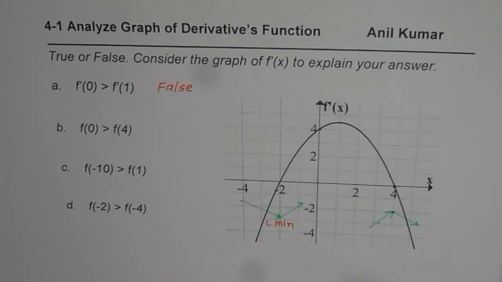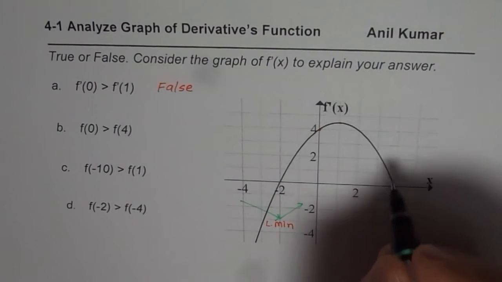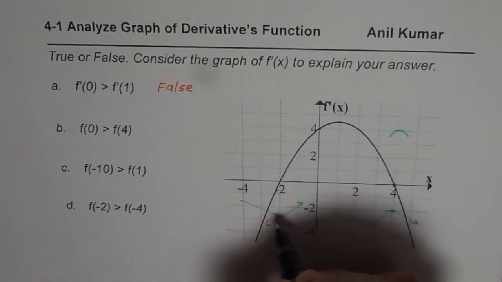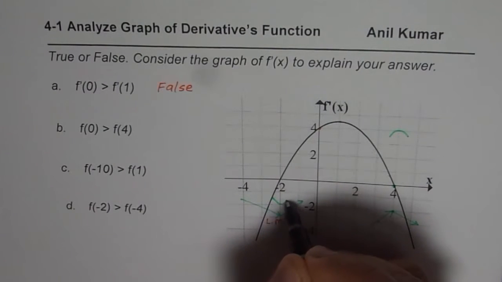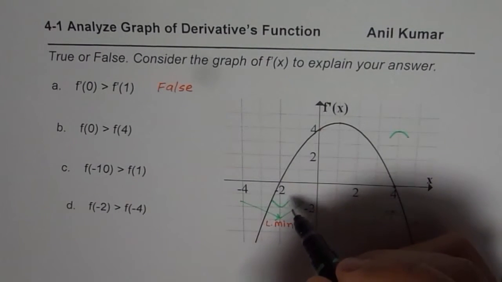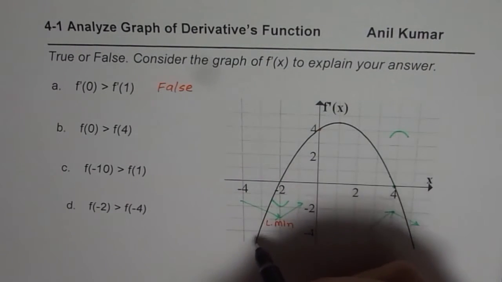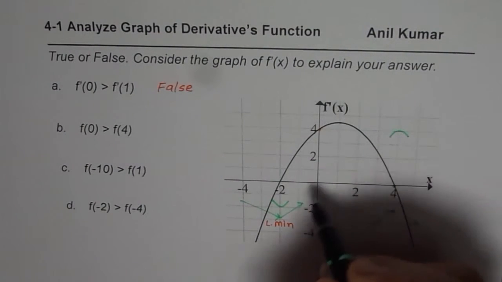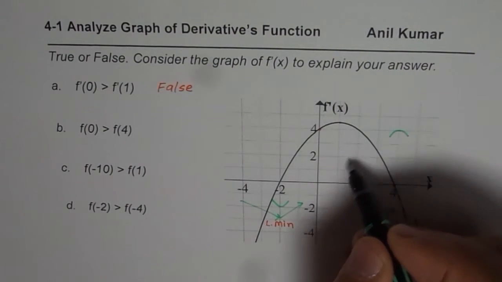So it is arbitrary, we don't have real values, but we have a graph, right? Now this is a parabola, so the function should be a cubic function, correct?